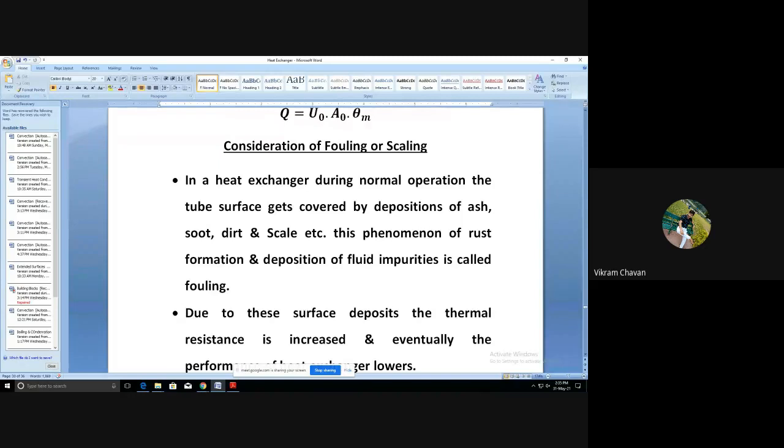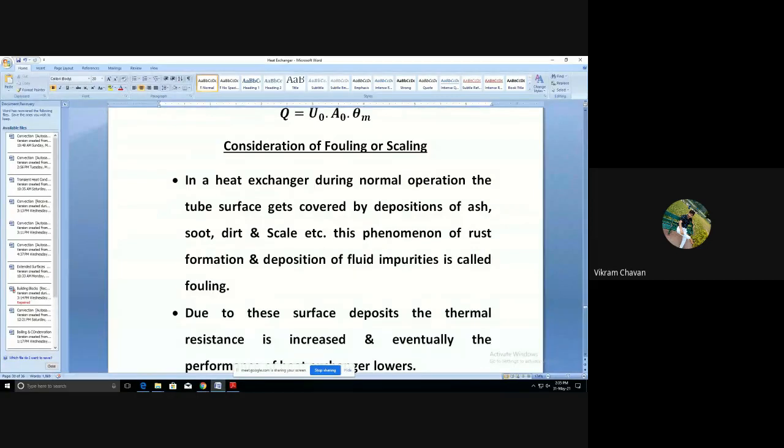If there is a tubular heat exchanger, how do we consider the overall heat transfer coefficient? We discussed that we have to consider it on the basis of internal surface area and on the basis of external surface area. Accordingly, we formulate the equation.